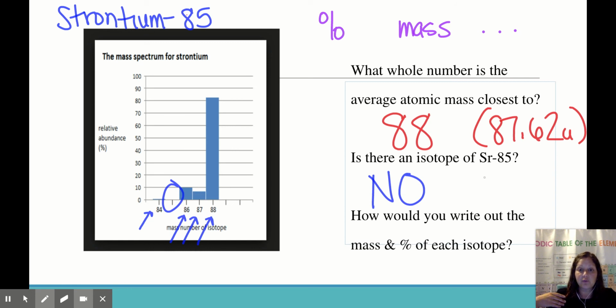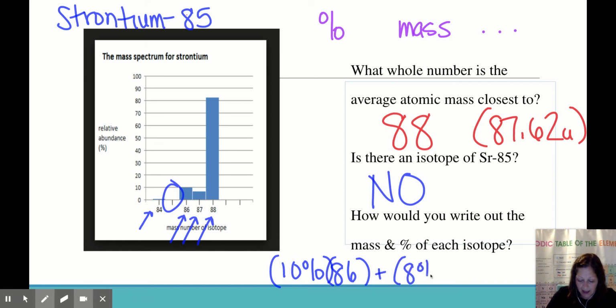And if we wanted to write out the mass percent, 84 would probably not really be part of this. We would say 10% of strontium 86. We would say maybe 8% of strontium 87.